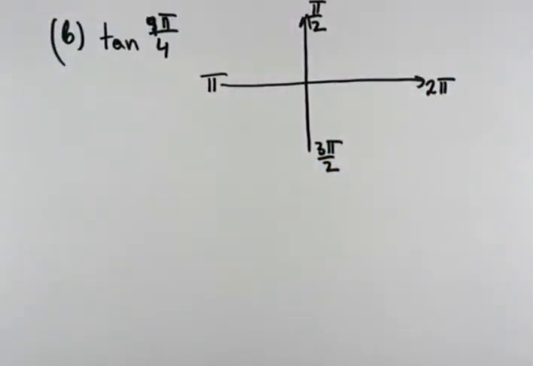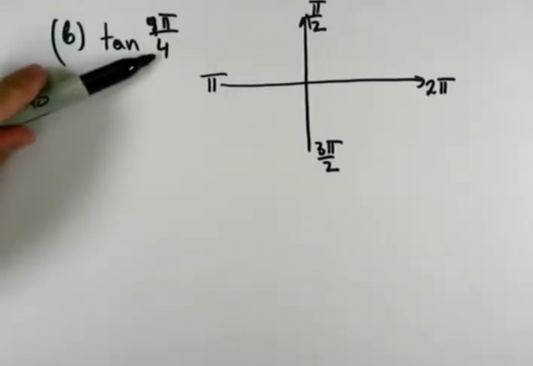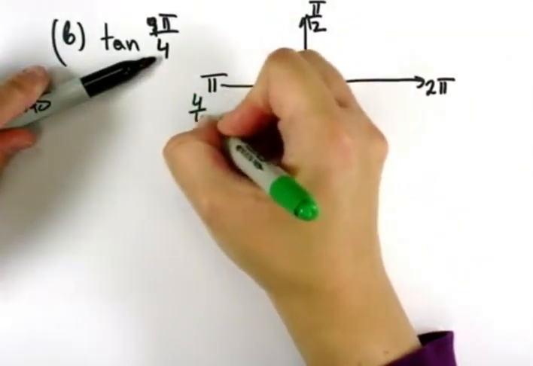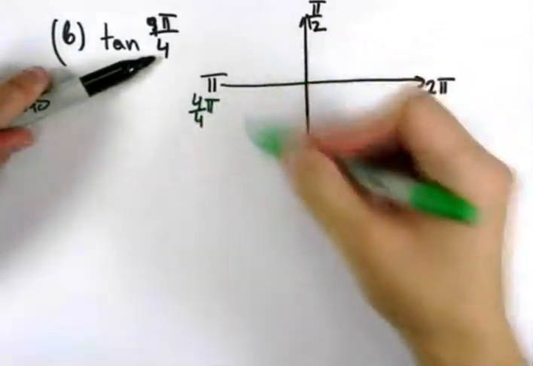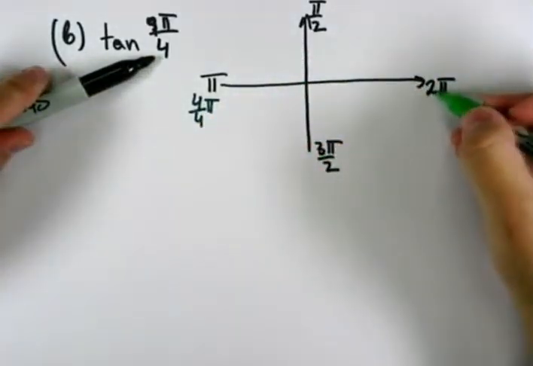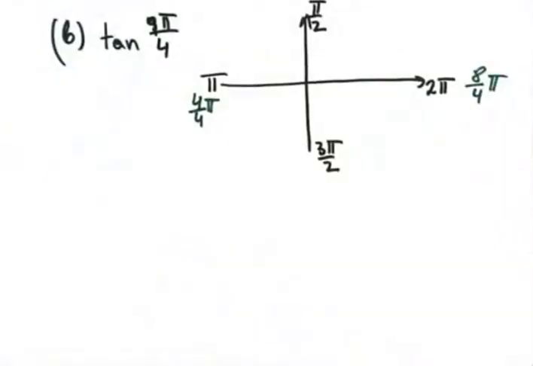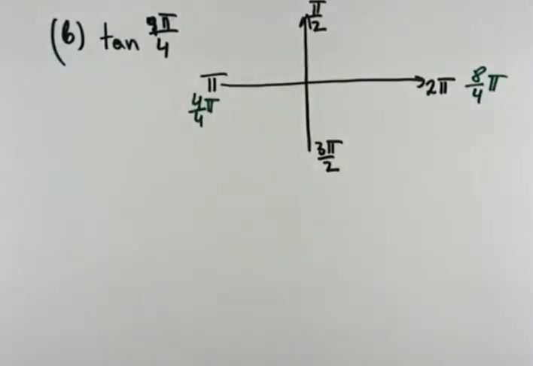Now I need to keep thinking in terms of fourths. So 1 pi is 4 over 4. If I go further, 2 pi is 8 over 4 pi. And we have 9 fourths.